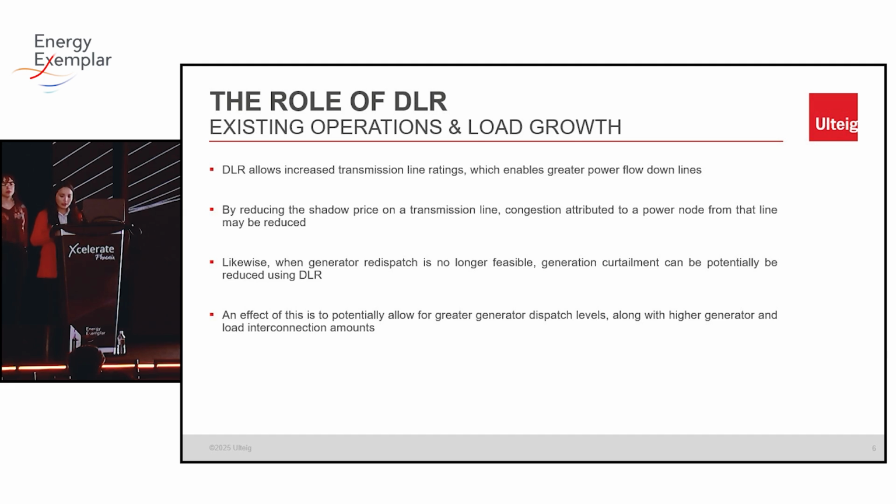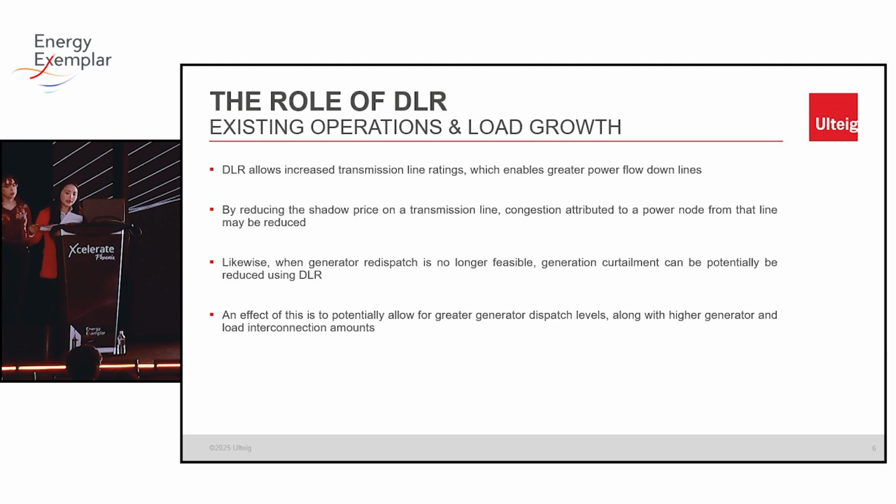It is because when the power flow on the transmission line reaches its rated capacity, a non-zero shadow price emerges, leading to transmission congestion. In other words, shadow price is essentially a tolling charge for the traffic on the transmission line. By increasing the flow level before shadow price emerges or decreasing shadow price on the transmission line, congestion at the power node connected to that line may be lowered.